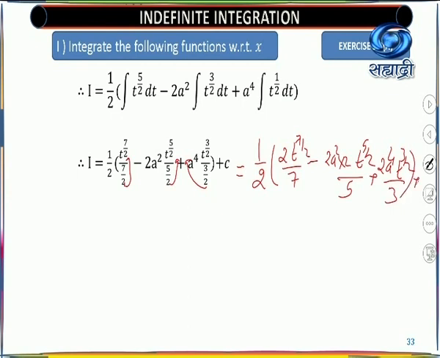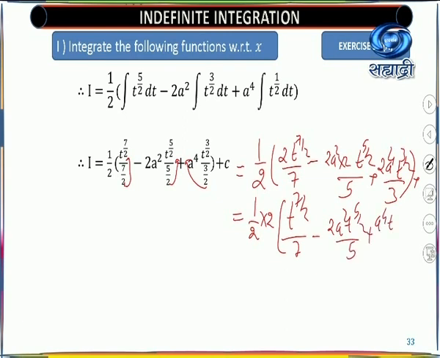Now throughout you take 2 common. So you are left with half into 2, and here t raised to 7 by 2 upon 7 minus 2a square t raised to 5 by 2 upon 5 plus a raised to 4 t raised to 3 by 2 upon 3 plus constant of integration.